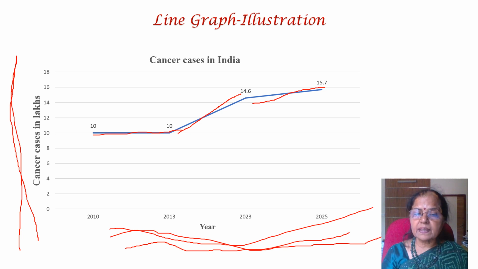So it means that the increase between the years 2013 to 2023 is much more than the change between 2023 to 25. That is what the steeper slope indicates. And note that the graph is projected up to 2025. Of course, we have not reached 25, but according to the data, it is projected up to the year 2025.